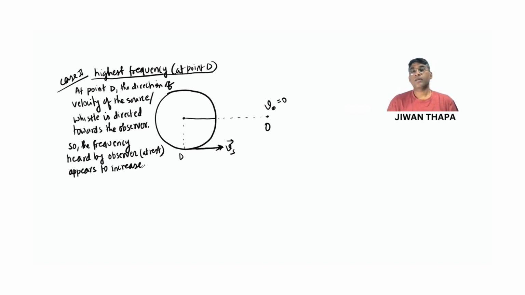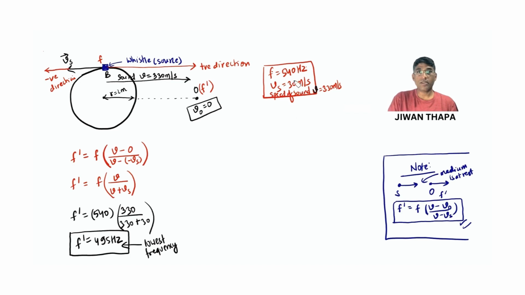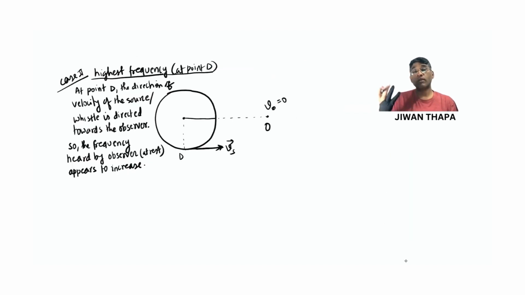We know the source is emitting sound of frequency 540 hertz, but the observer appears to hear more. So I'm writing: the frequency heard by the observer at rest appears to increase. We have this condition at point D.